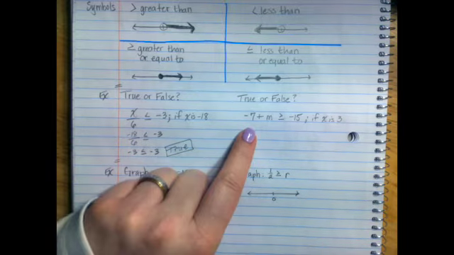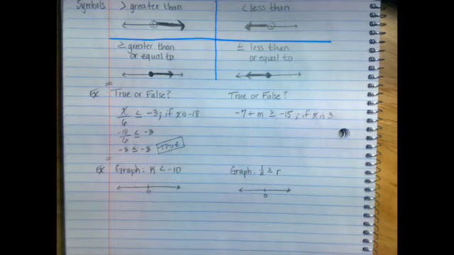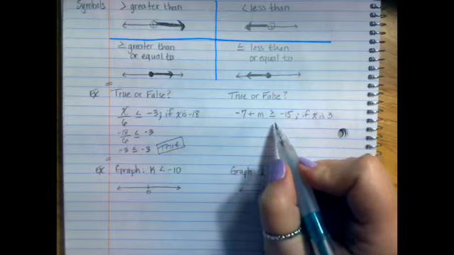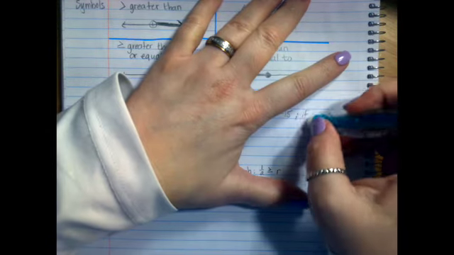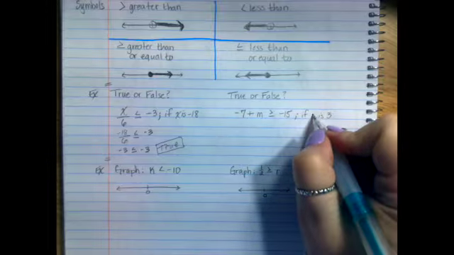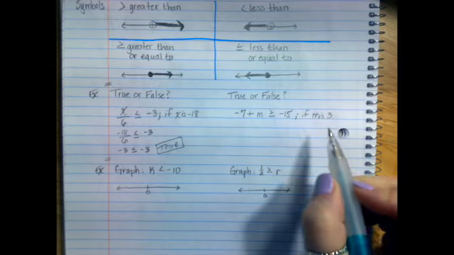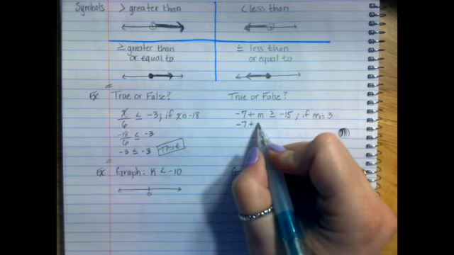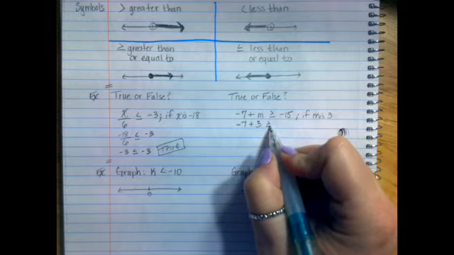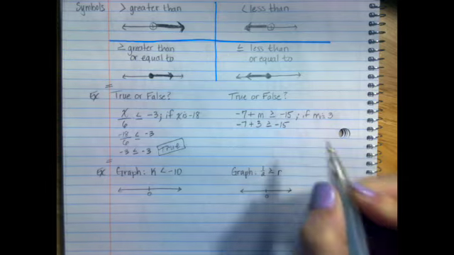All right, over here. -7 plus m is greater than or equal to -15. There's not x. If m is 3, we're going to say that's true or false. So plug 3 in for m. So -7 plus 3 greater than or equal to -15.